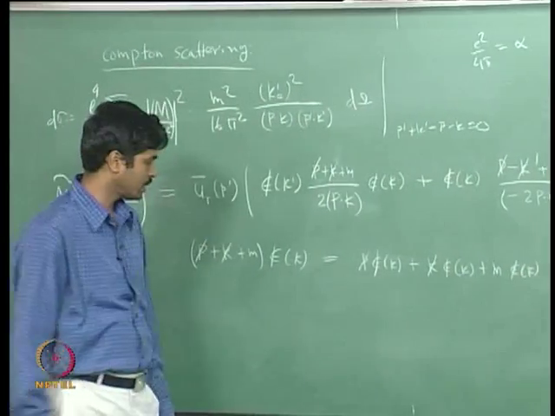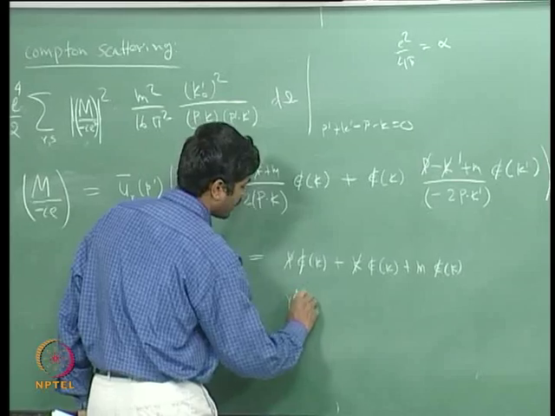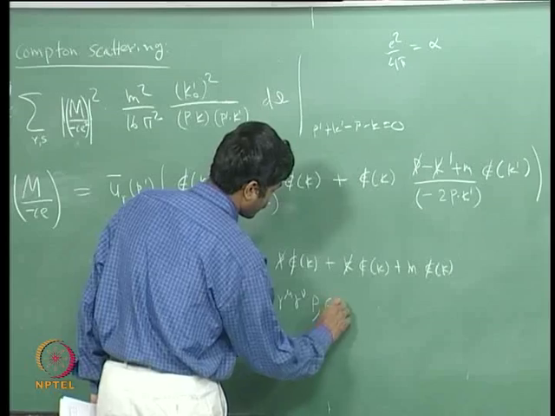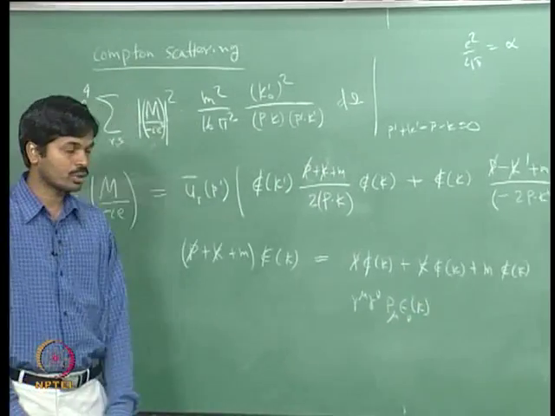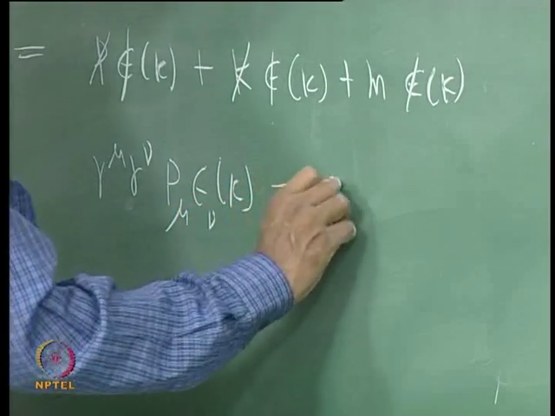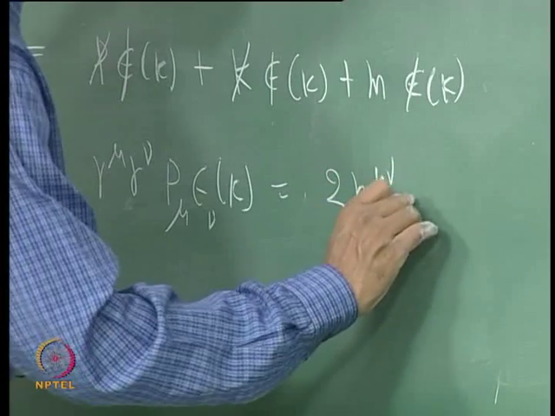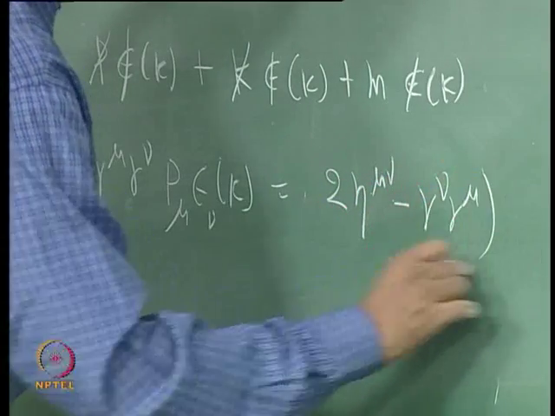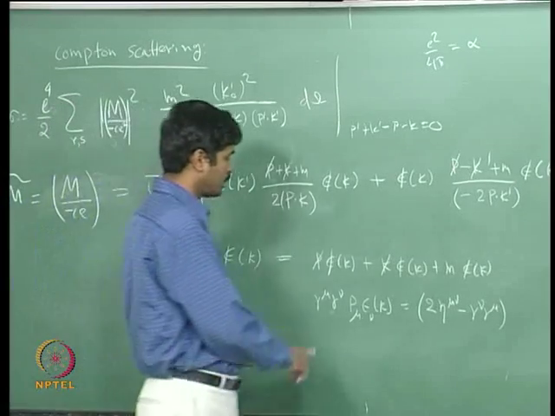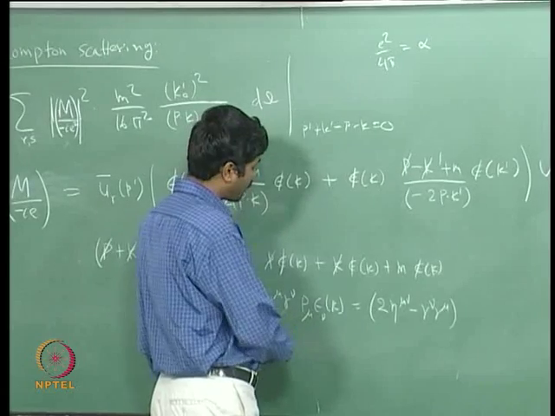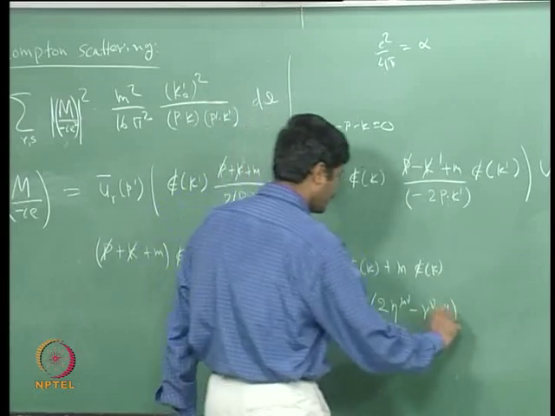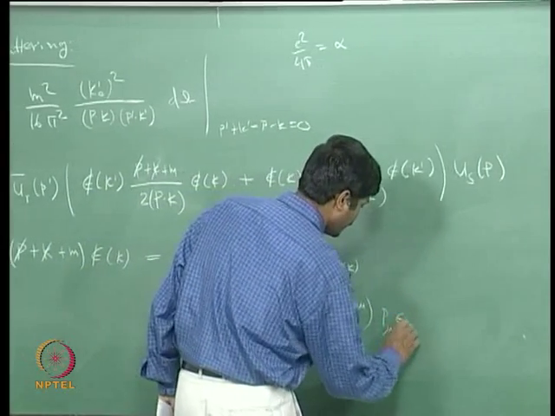The first term is nothing but gamma mu p mu epsilon nu of k gamma nu. I can write this gamma nu as twice eta mu nu minus gamma mu, using the anti-commutation relation of the gamma matrices. So this is this times p mu epsilon nu of k.